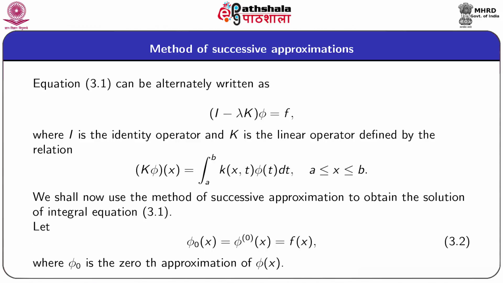Now, this integral equation 3.1 can be alternately written in the operator form as given by this, where I is the identity operator and capital K is the linear operator defined by the relation given by this.